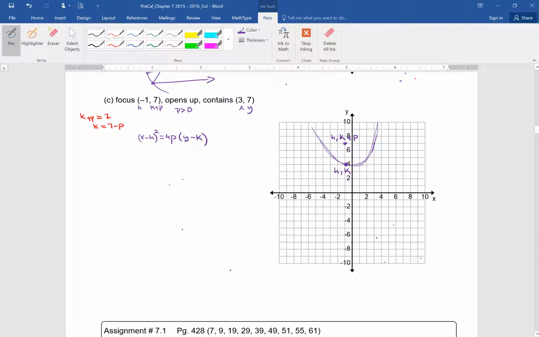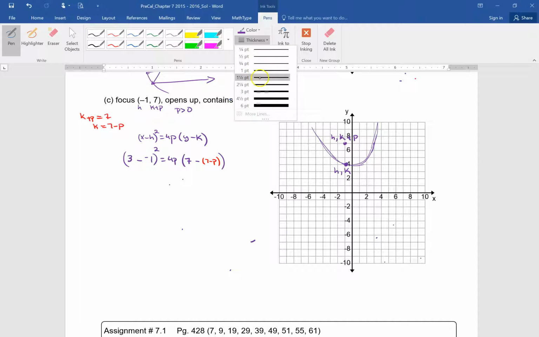So what is x in this case? 3 minus h, so minus negative 1, is equal to 4p. Y is 7 minus, how much is k? 7 minus p. Wait, but isn't 3 minus negative 1 squared? Yeah.